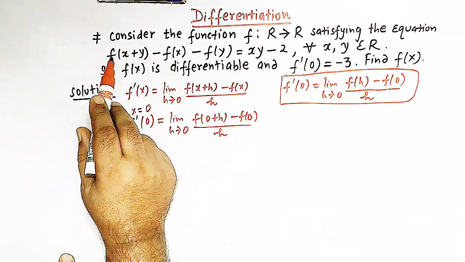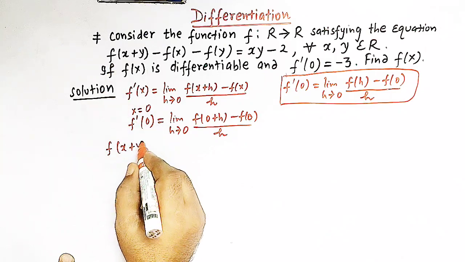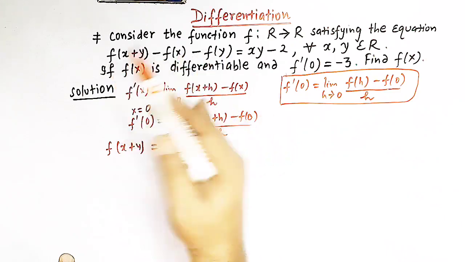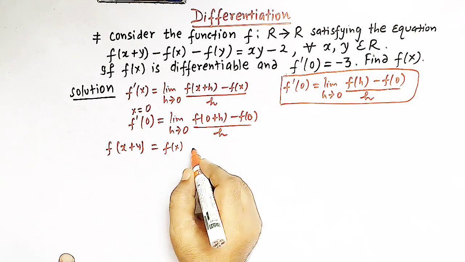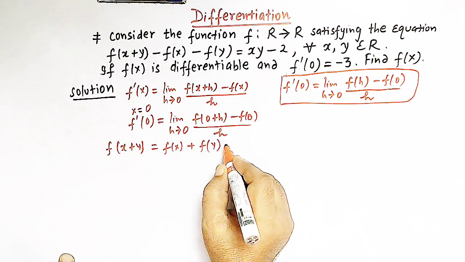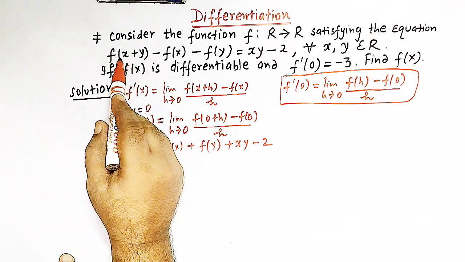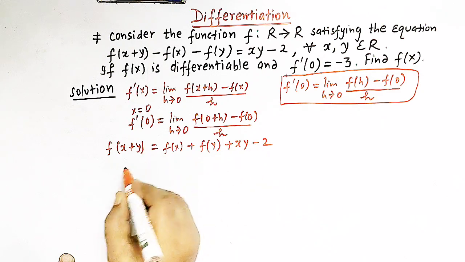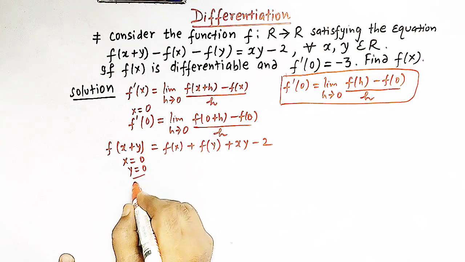So let us write the equation by taking these two terms to the right hand side: f(x + y) = f(x) + f(y) + xy - 2. Now let us substitute x = 0 and y = 0.